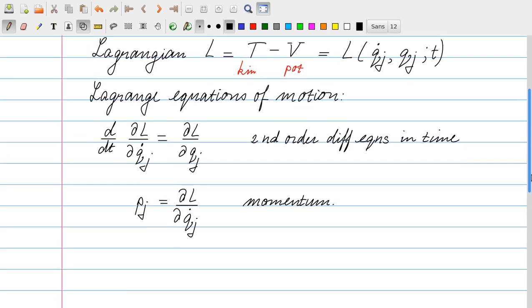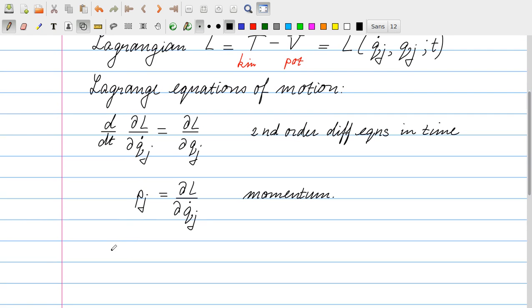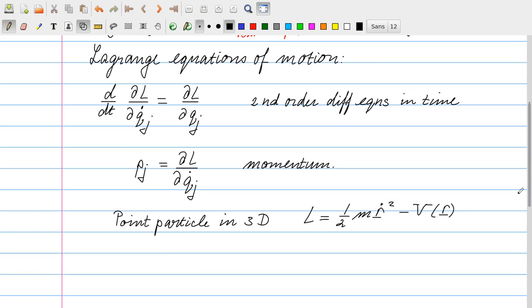And we can consider an example. So if we have a point particle in 3 dimensions, then we know that the Lagrangian is the sum, it's a half m r dot squared minus V of r. So the generalized coordinates are now just the x, y and z components of the particle, and if I consider the px, for example, that would be ∂L/∂ẋ.